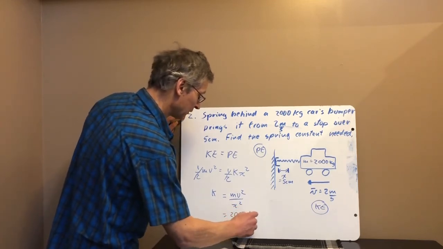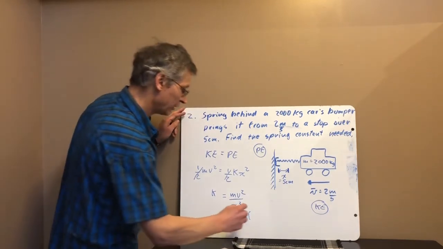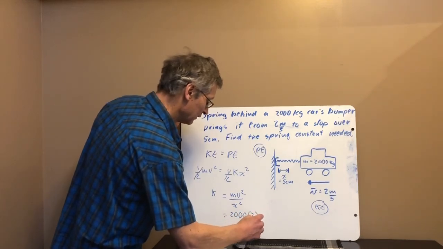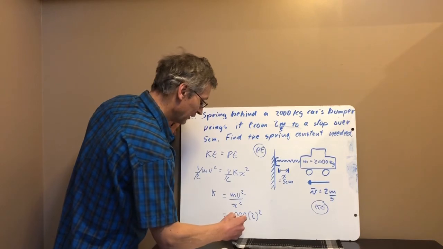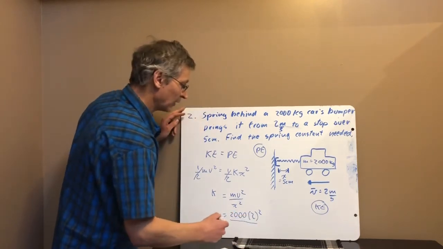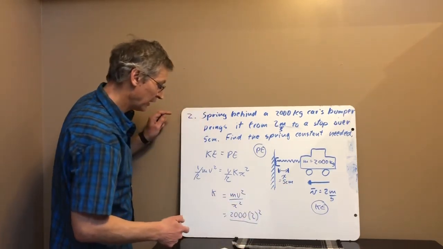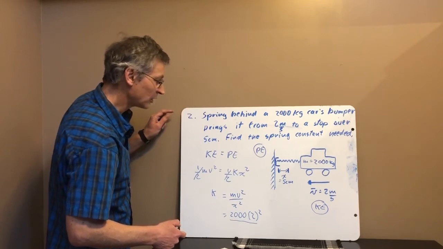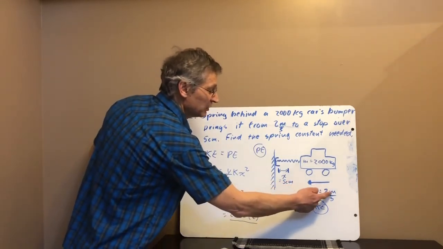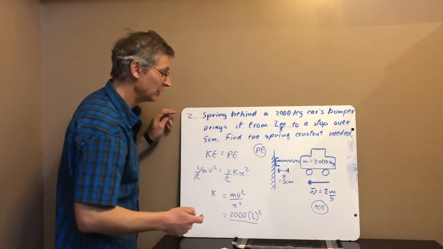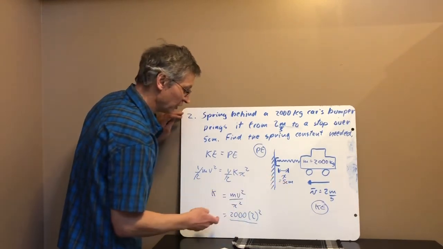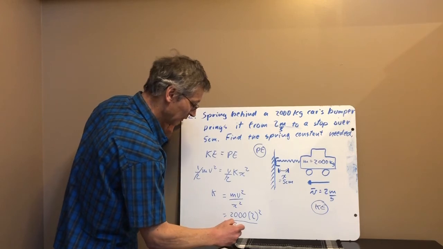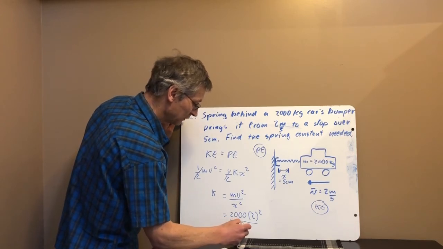so that is going to be 2,000 times the velocity squared. The velocity, of course, is 2, divided by x squared. Now this is in centimeters, and your velocity is in meters per second. So let's change this 5 centimeters to meters, so that's going to be 0.05 meters.